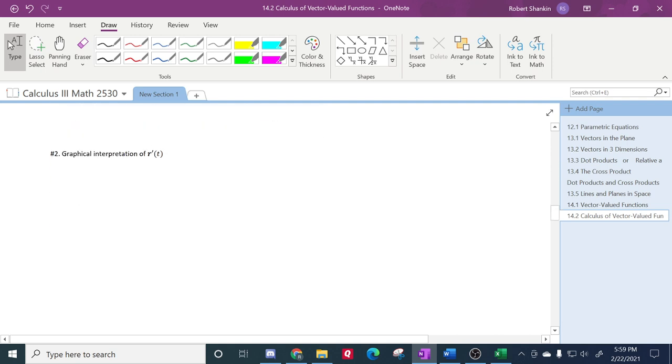And so on R prime of t, if we had something like, so let's go in the 3 space.